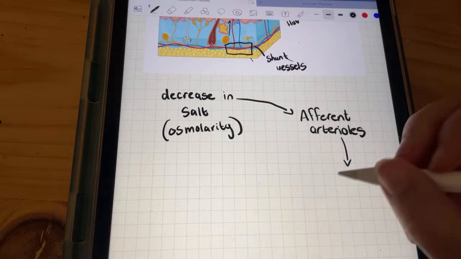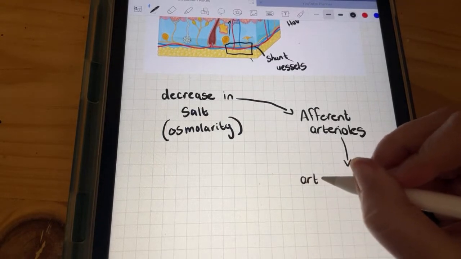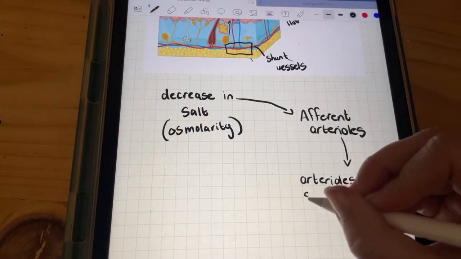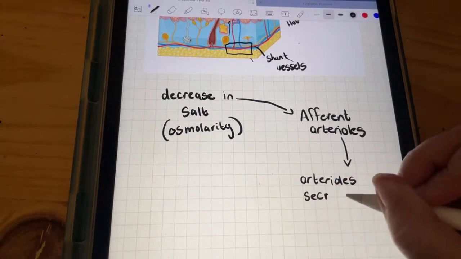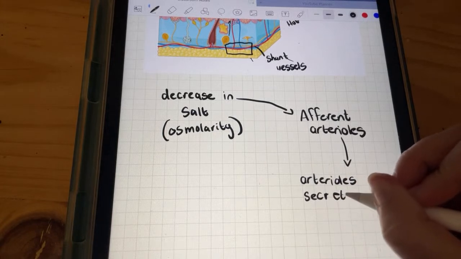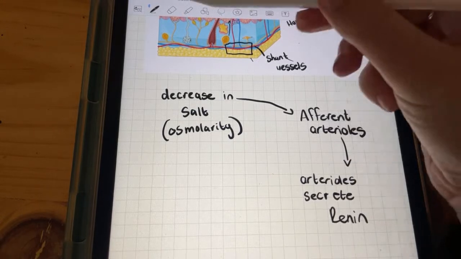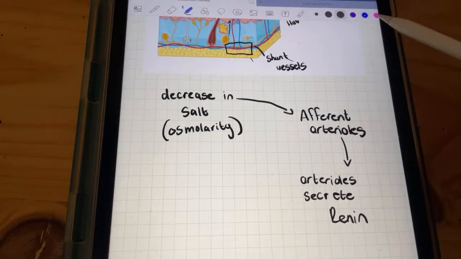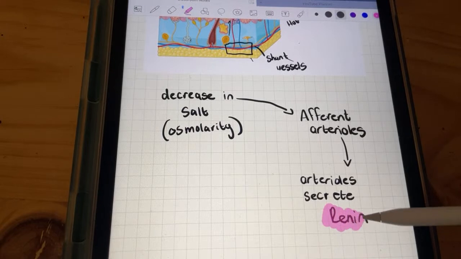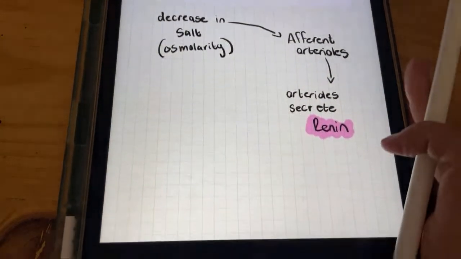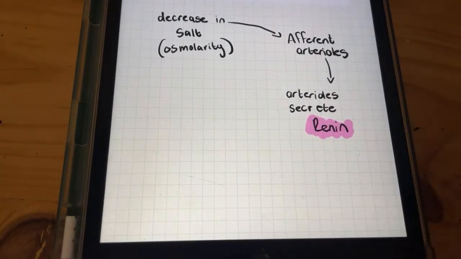Now, these afferent arterioles respond by secreting something called renin. Renin is a hormone. It is not aldosterone just yet. We can't make aldosterone immediately, so we make an in-between hormone, a secondary hormone, so that we can eventually get to making aldosterone.